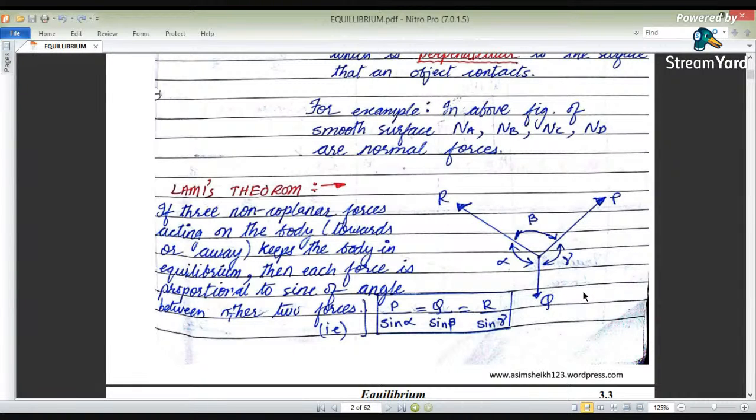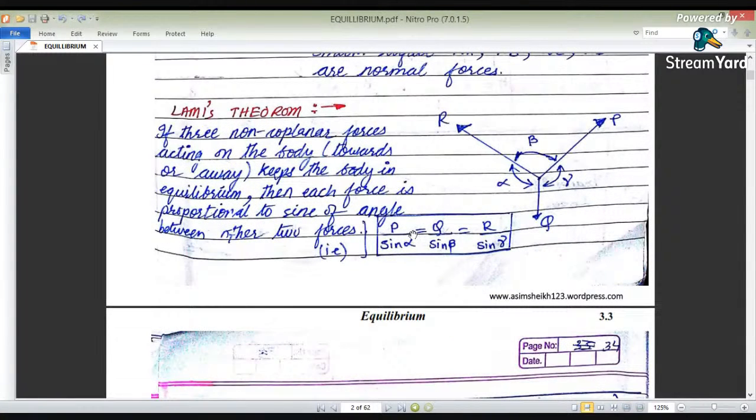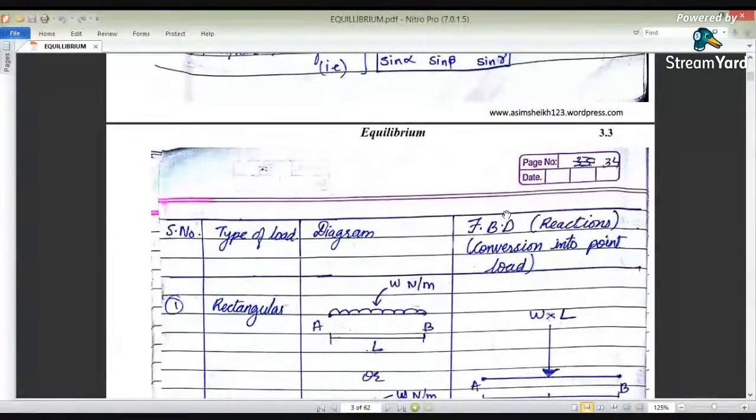It is applicable only when three forces are acting on a body, towards or away from a point. The most important thing is that three forces act on the body. Each force is proportional to the sine of the angle between the other two: P to sine alpha, Q to sine beta, R to sine gamma. After simplification, P upon sine alpha equals Q upon sine beta equals R upon sine gamma.